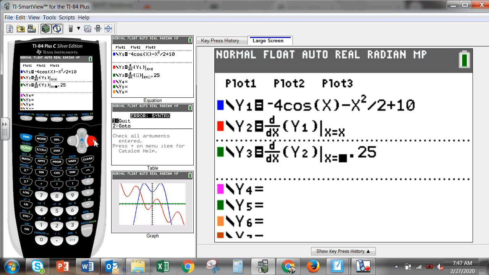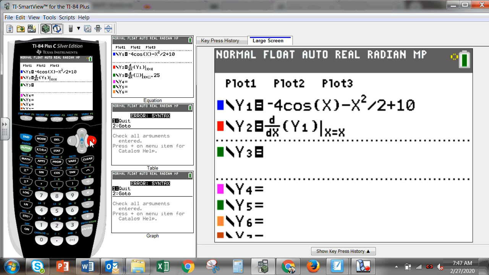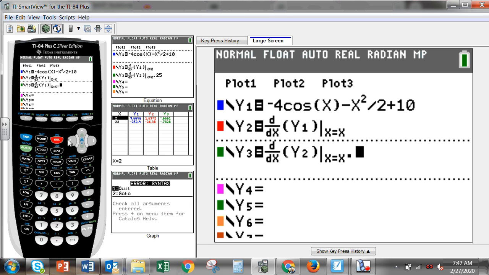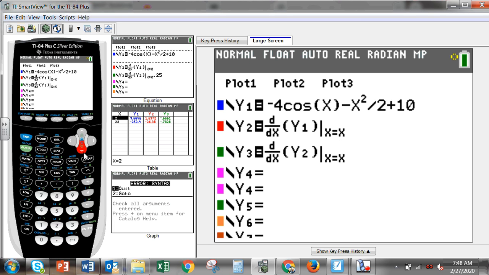So this is x equals x. And I had something else typed in there, so I have to delete that. So delete the 0.25. I'll rewrite that 0.25, which is the 1/4, on the next one for y4.